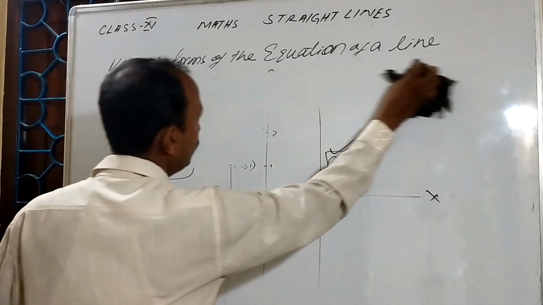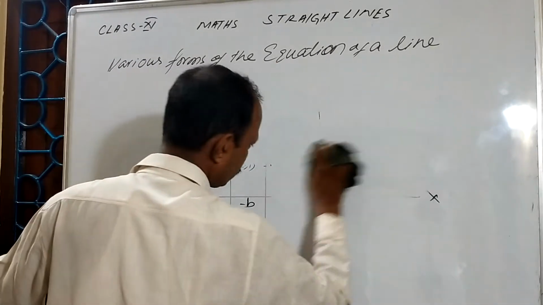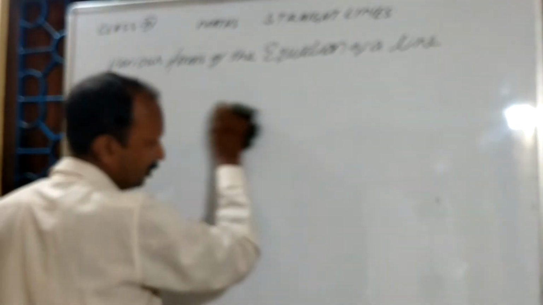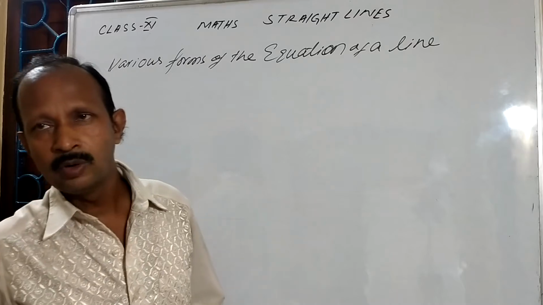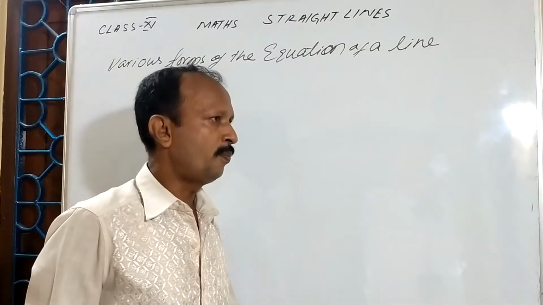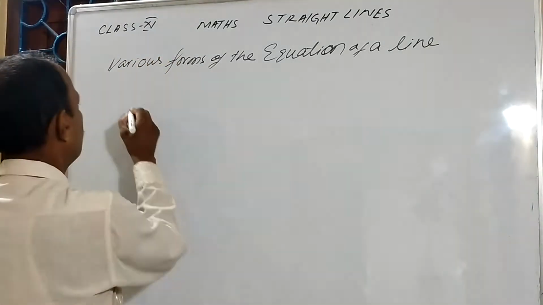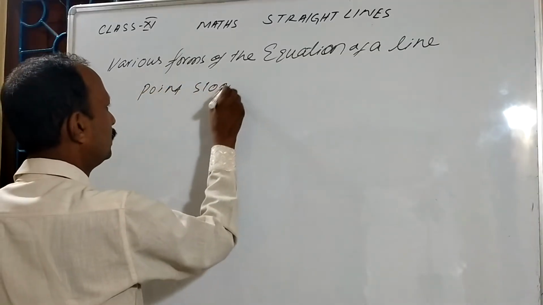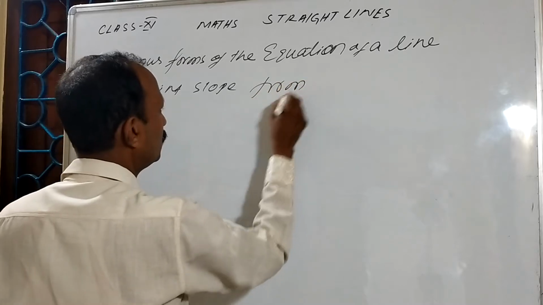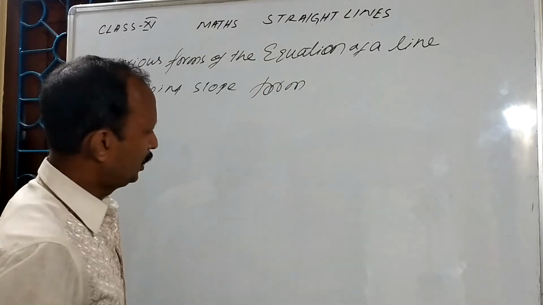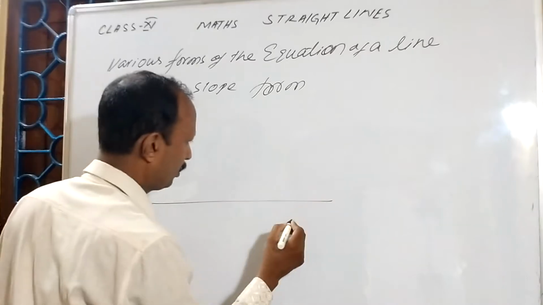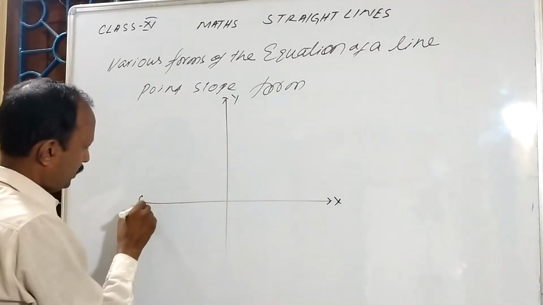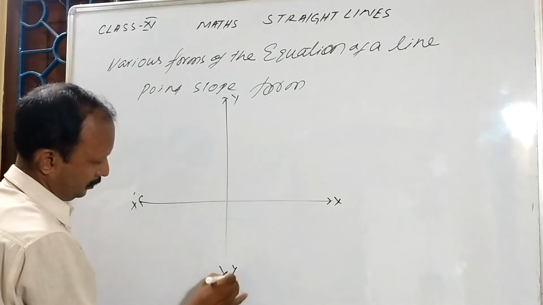Let us move to the second point. The second form of the equation of a line is the point slope form. In the point slope form, this is the x-axis, this is the y-axis.